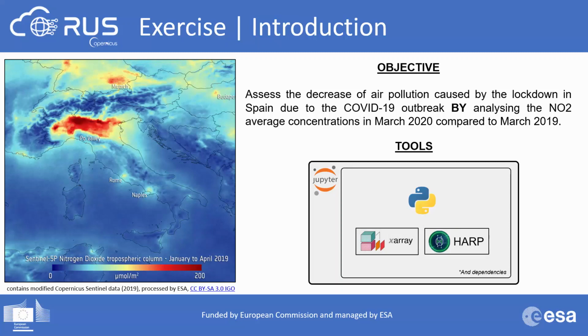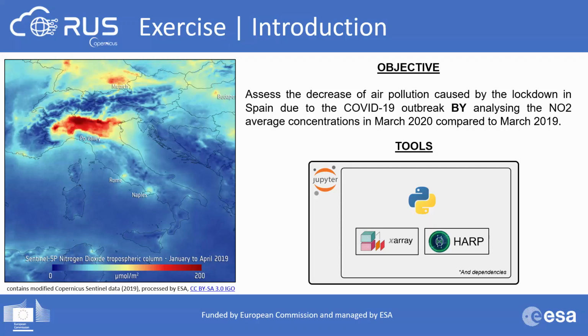We will do so by analyzing the NO2 average concentrations in March 2020 compared to March 2019. Actually, we will use the data set from the 15th of March 2020 until the end of March 2020, and the same in March 2019, just to be in line with the lockdown that was established in Spain due to this situation.